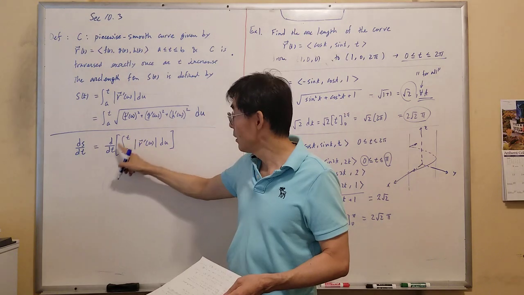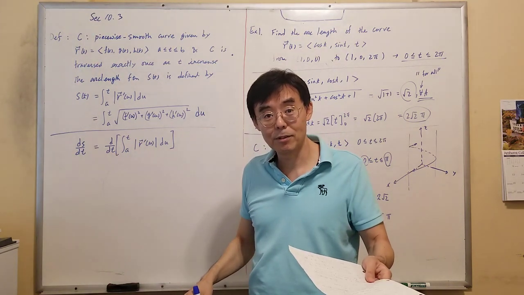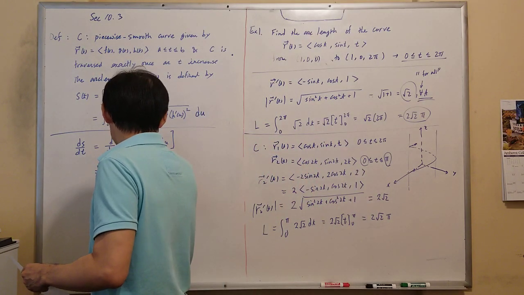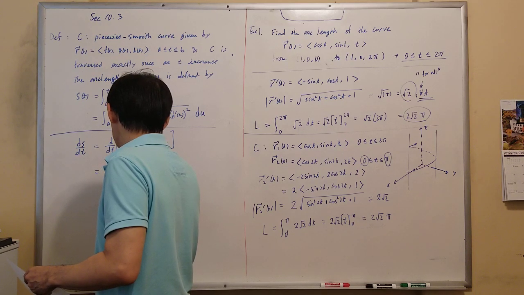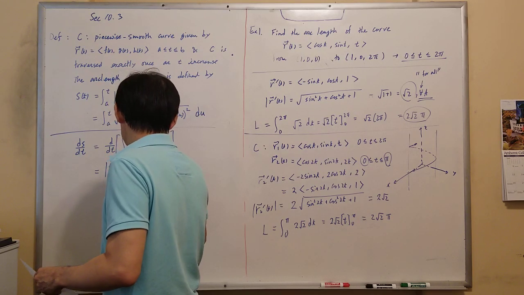Integrate up to t and differentiate with respect to t. By the fundamental theorem of calculus, this is the inside function with t replacing u. So it's the speed function.